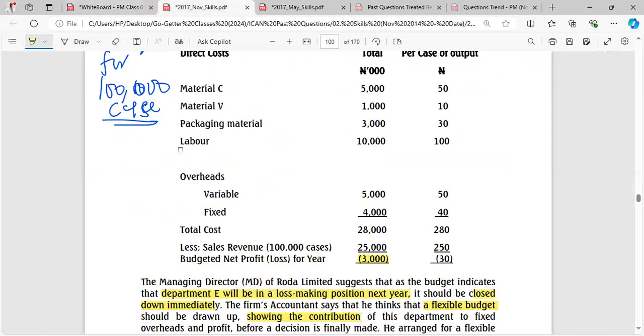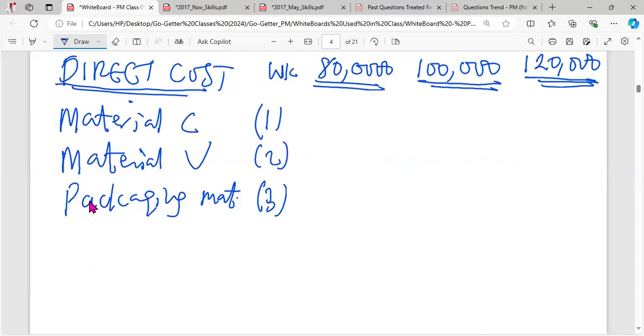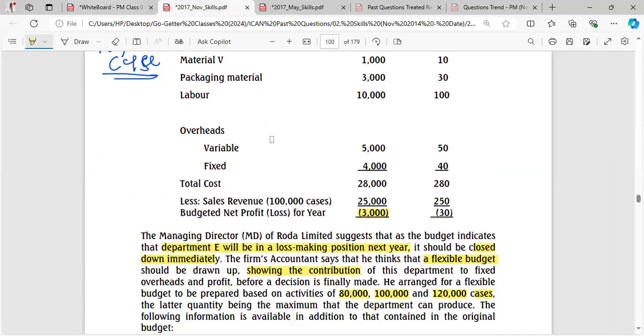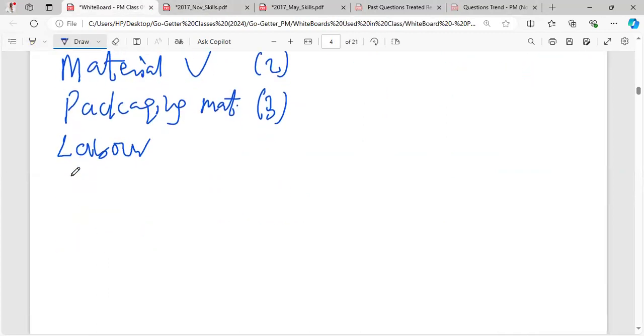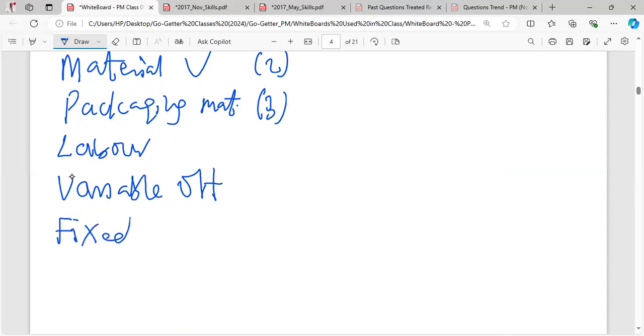The next one will be labor. Let's go to the next one: overheads. Variable overhead and fixed overhead.